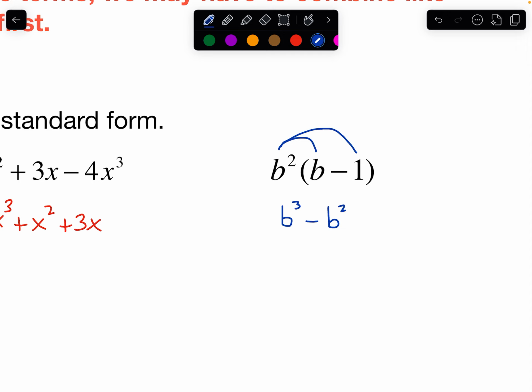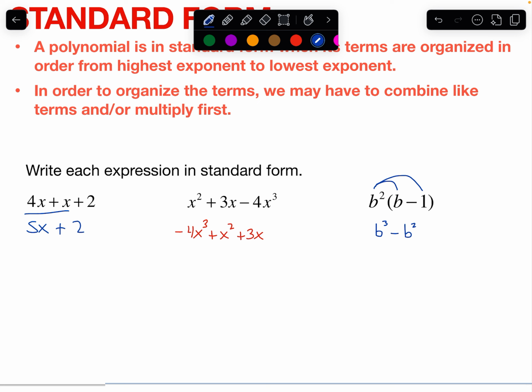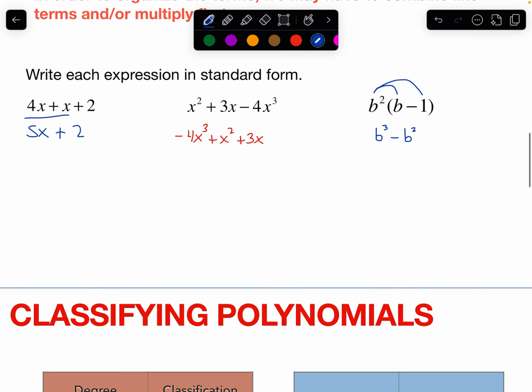You might find that you naturally, in the flow of your work, just kind of already have terms in order from biggest to smallest, because that's kind of the convention that you've maybe been practicing in previous classes as well. So a polynomial is in standard form when its terms go from biggest exponent to smallest exponent. You may have to combine like terms, maybe multiply, before you can put a polynomial into standard form.